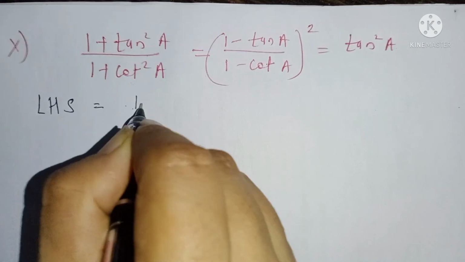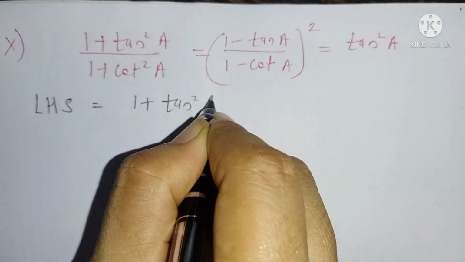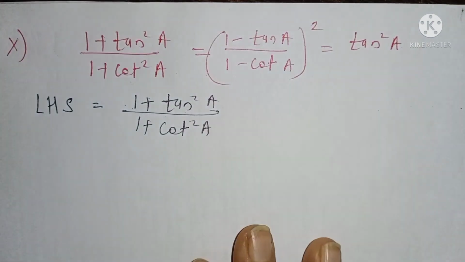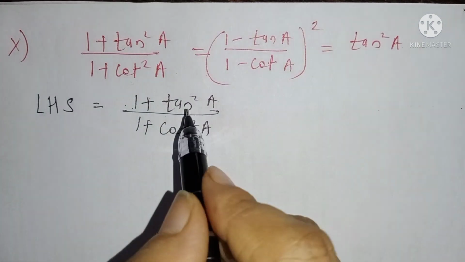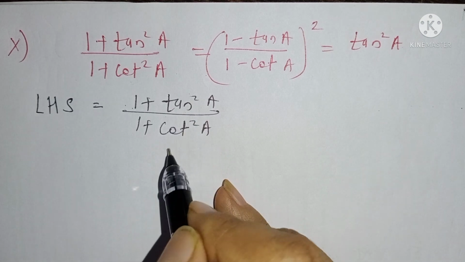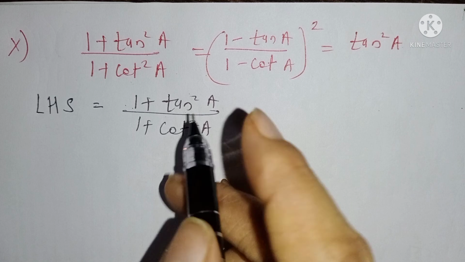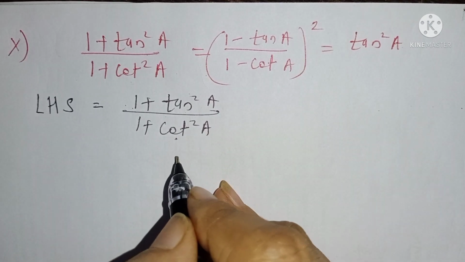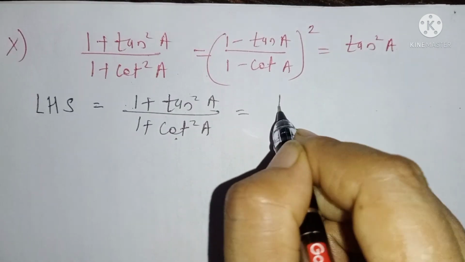So in LHS we have 1 plus tan square A upon 1 plus cot square A. Now we can split this tan A as sin A upon cos A and cos upon sin. But instead of that, if you replace cot, you know that cot is equal to 1 upon tan A, you will get the answer easily.